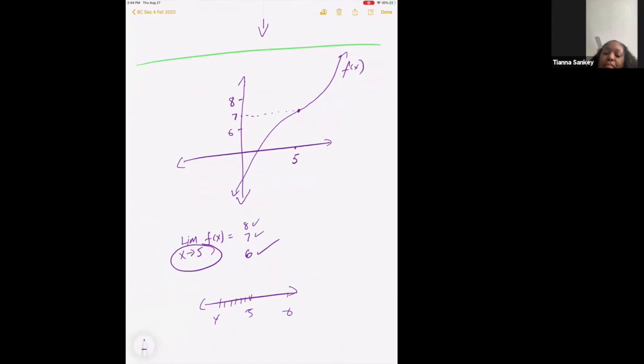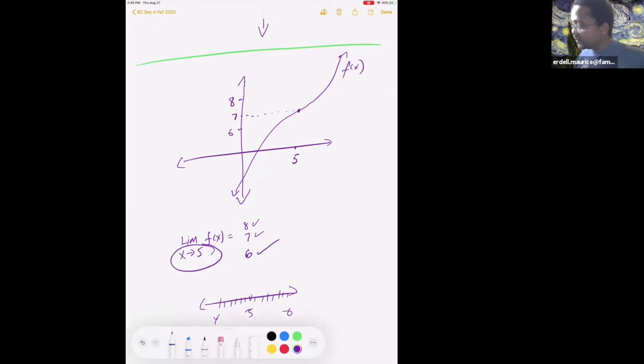Using this graph, if I plug in a number right here, that gives me an answer right here. I plug in a number here and go across. I'm not actually plugging in the number, I'm just using the graph. Can you see that my answers are getting closer and closer to 7?